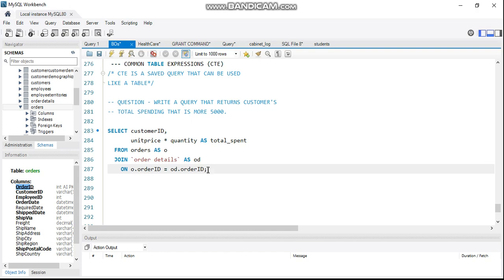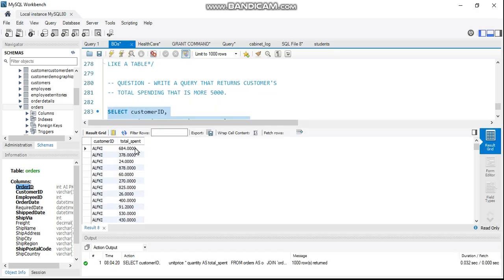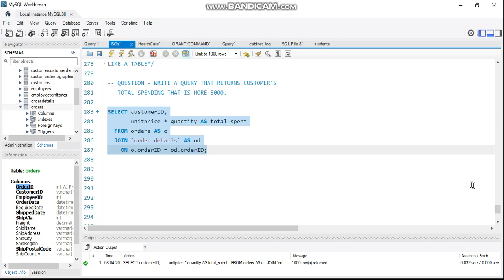If you run this query, it will give us the total spent that all of them have done. That is the first statement of our question. And our question says we should look for what?